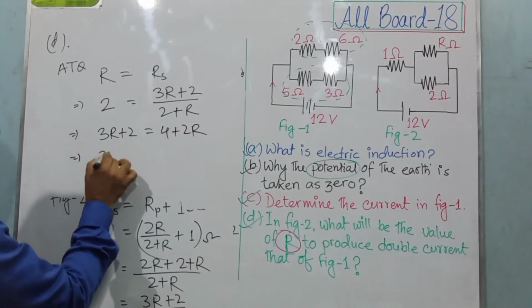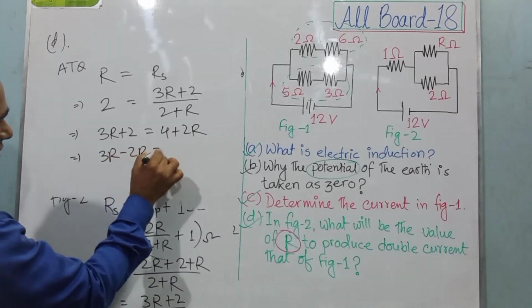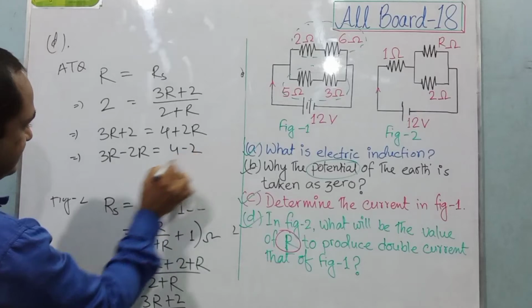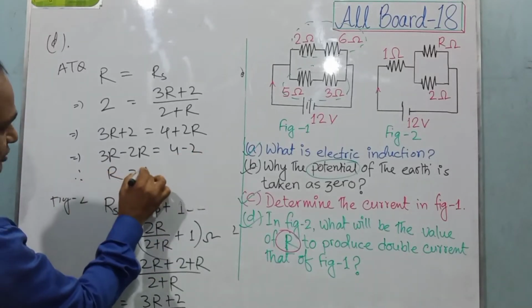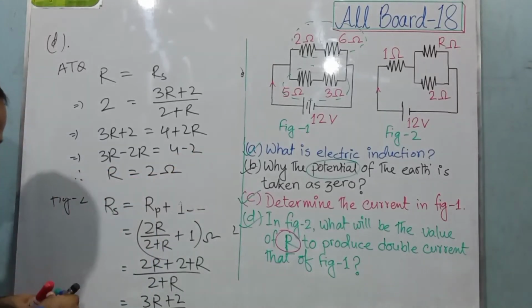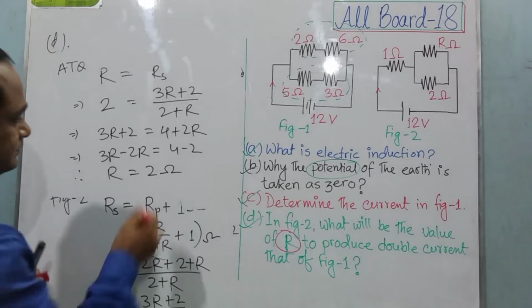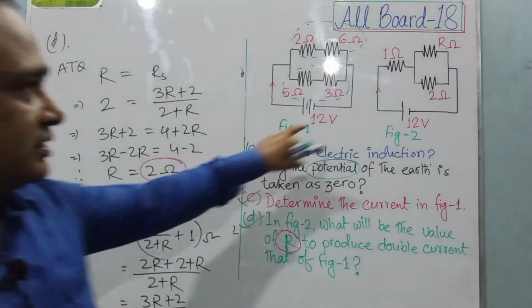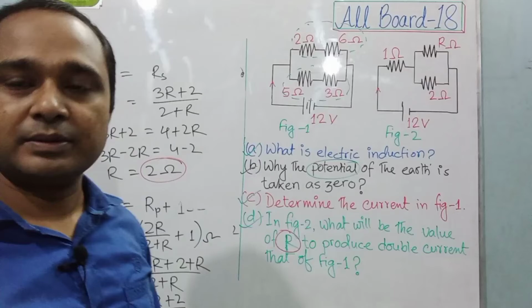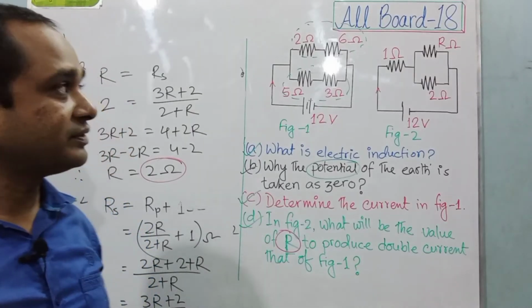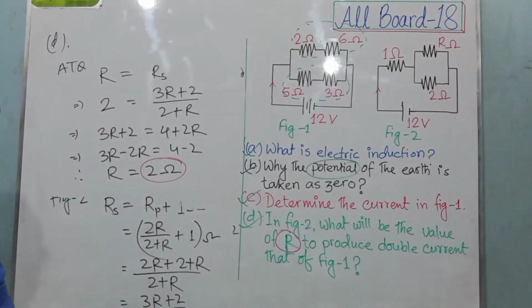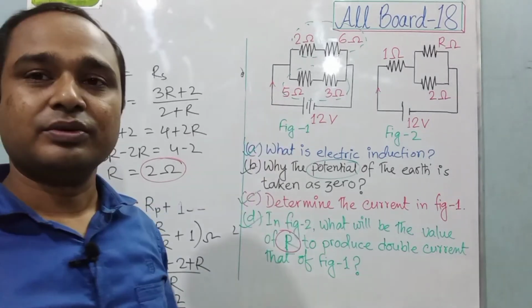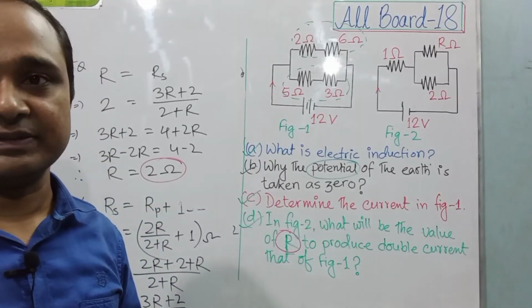Okay, so 3R minus 2R is equal to 4 minus 2. Therefore R is equal to 2 ohm. That is, we have to use a resistance of 2 ohm at this point. If the value of R is 2 ohm, then we will get double the current that we got in the first figure, right?